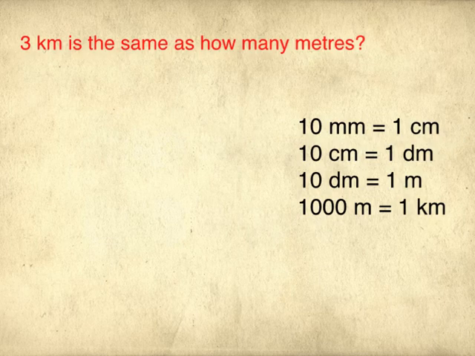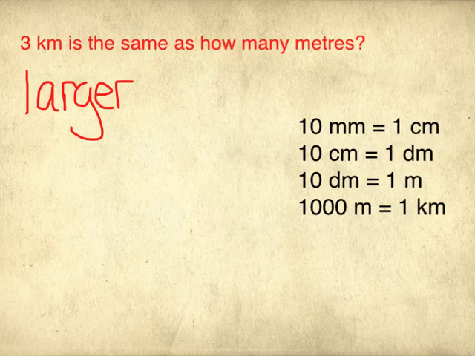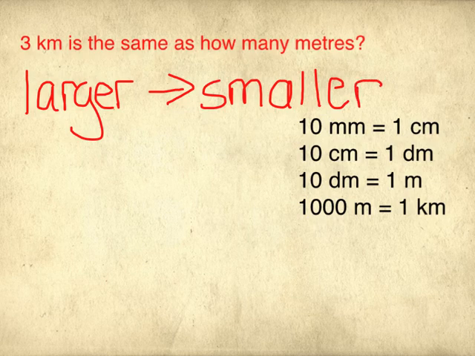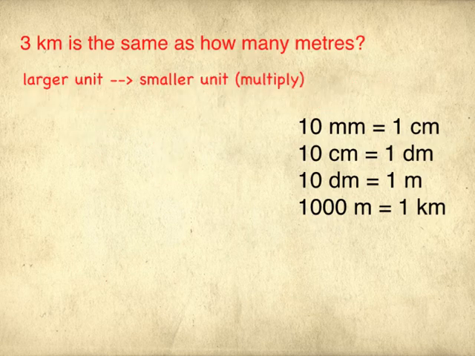Right away, you have to notice that we're using a larger unit, and we're trying to convert it to a smaller unit. So we're going larger to smaller. When we're going larger to smaller, we are actually multiplying.